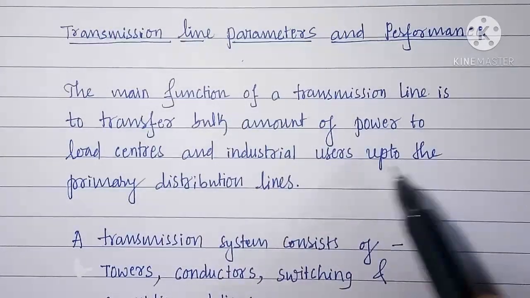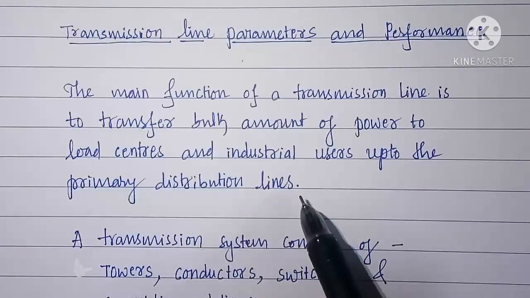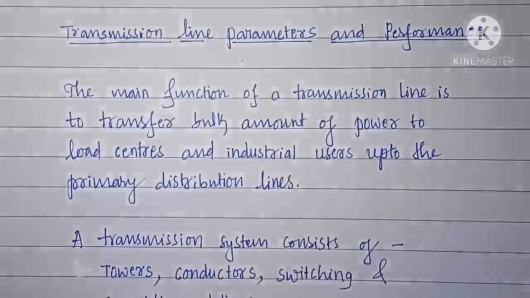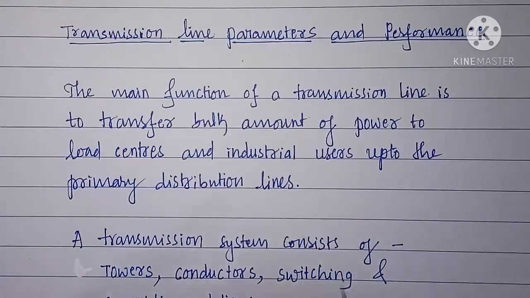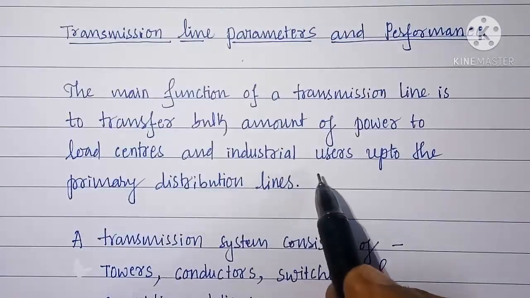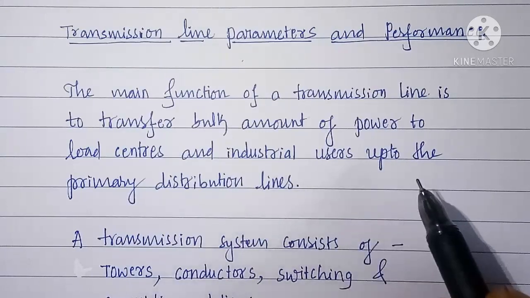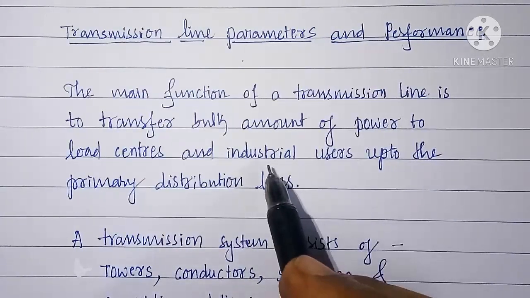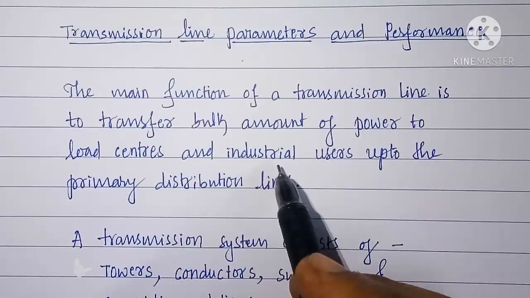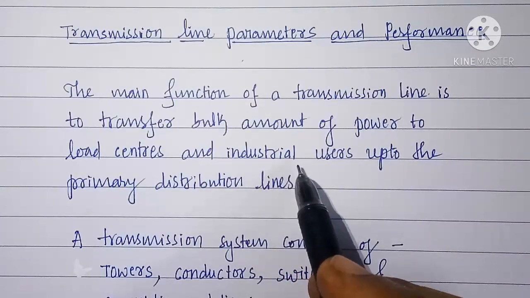The power is transmitted up to the primary distribution lines of the industrial areas only, because the industries are high voltage consumers.